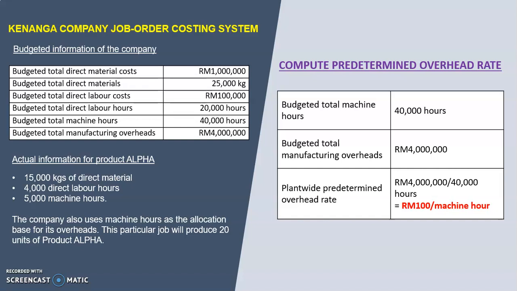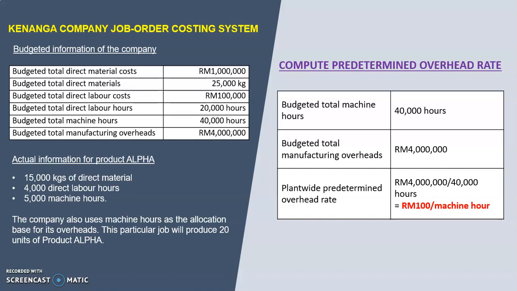And then we have specific information on product alpha. This product alpha uses 15,000 kilogram of direct material, 4,000 direct labor hours, and 5,000 machine hours. The company also uses machine hours as the allocation base for its overhead. And this particular job will produce 20 units of product alpha.